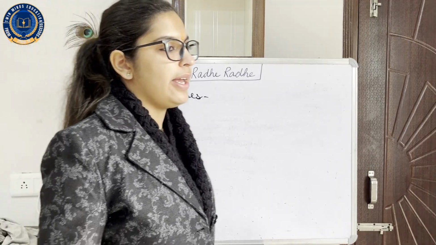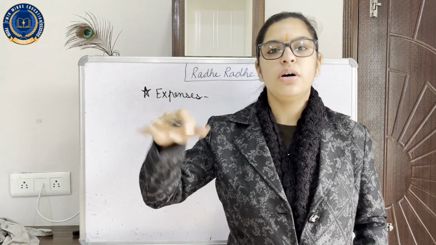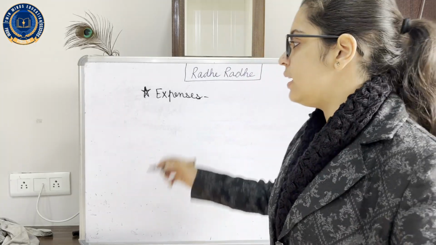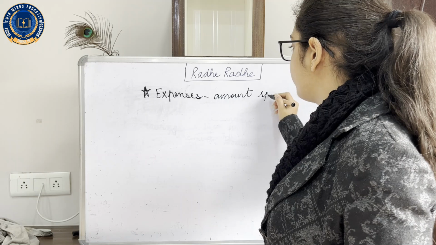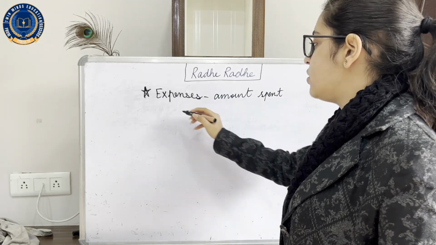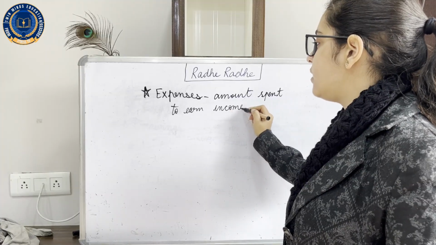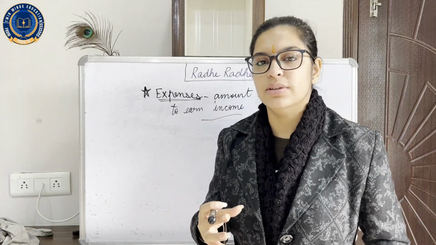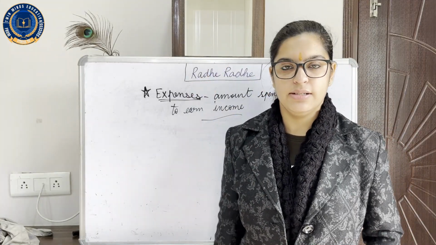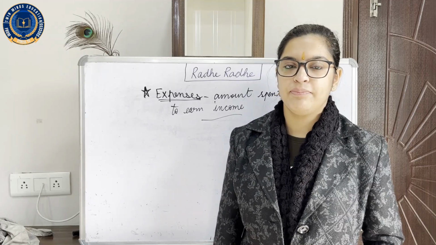Expenses का मीनिंग होता है any sort of amount spent, हमने अमाउंट खर्च कर दिया to earn the income, यानी कि amount spent to earn income, that is what we actually refer to as expenses. उसको हम बोलते हैं कि एक्सपेंस हुआ है जी, that is what we call as expense। समझ में आया सबको?